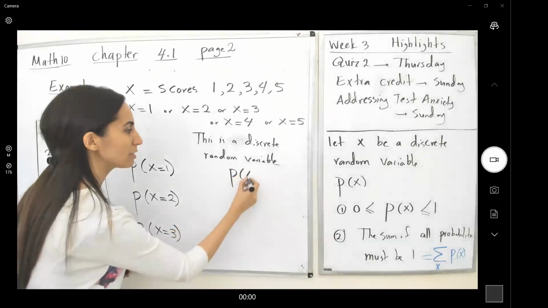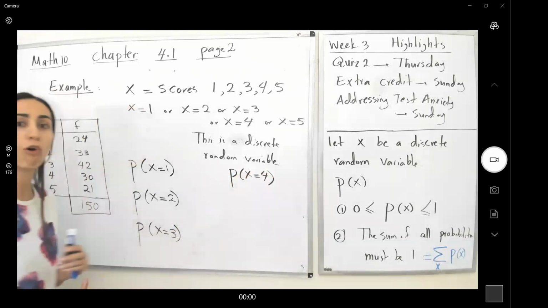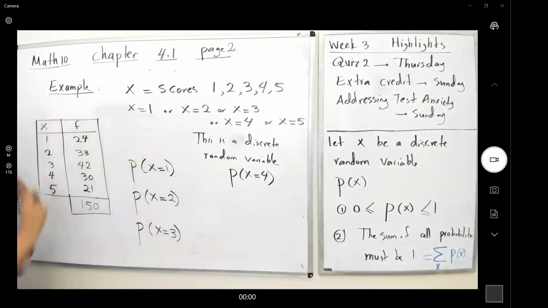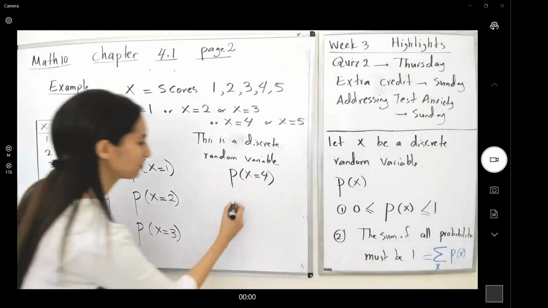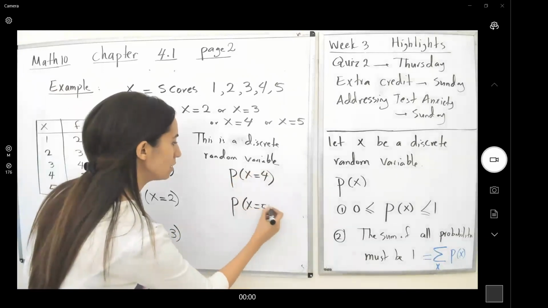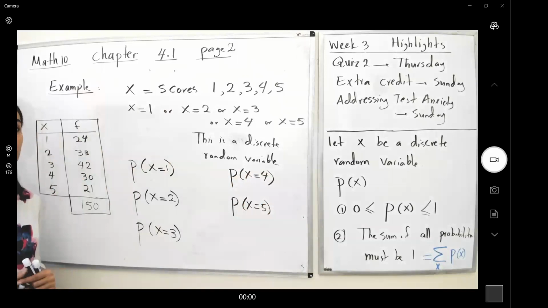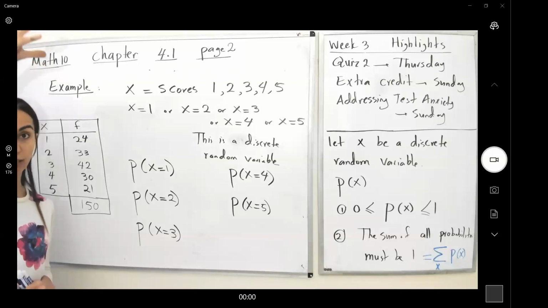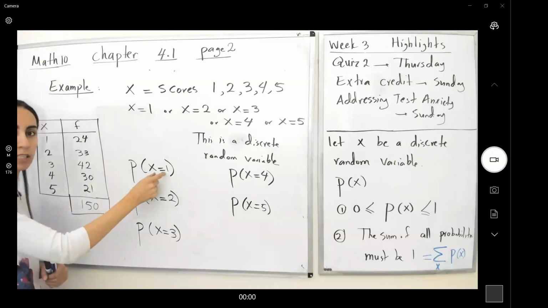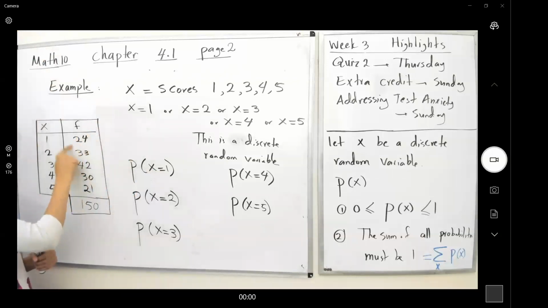What is the probability that the score is 4? What is the probability that you randomly select a person and that person had score 5? P of X equals 5. Remember that when we introduced the probability, we said that we need the actual frequency or the count of all outcomes in our event. Event is having score equal to 1. What's the size of that event?